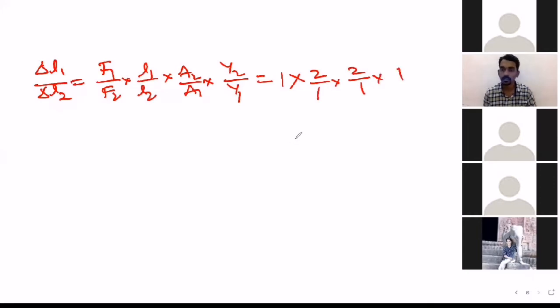Y2 by Y1 is 1 because both are made of the same material. So what is the answer? 4 is to 1.